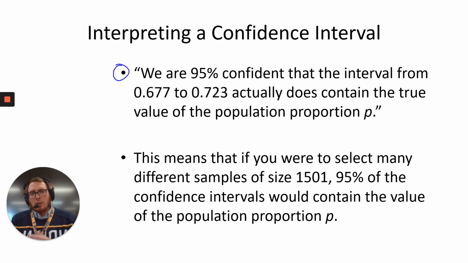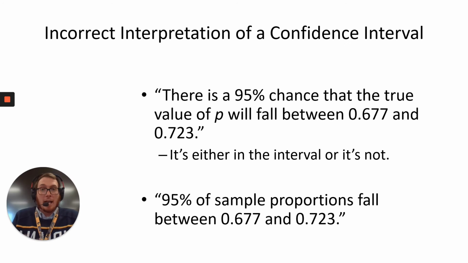What this means is if you keep taking samples of that size over and over and over, and obviously there are different random samples, 95% of the intervals would actually have the proportion. What it does not mean, though, is that there's a 95% chance or probability it's between those 2. Because it's either in that interval or it's not in that interval, and we can't really tell you that.